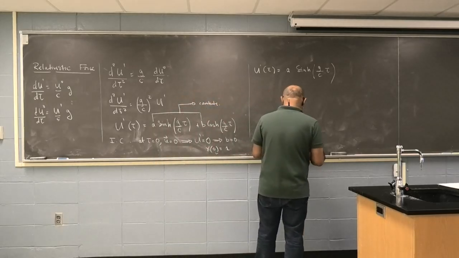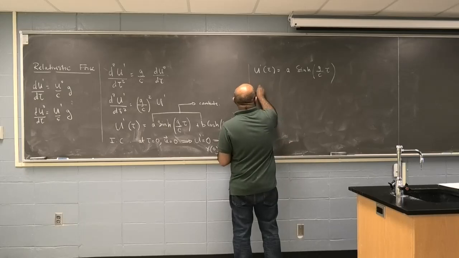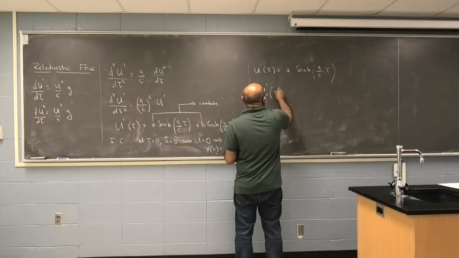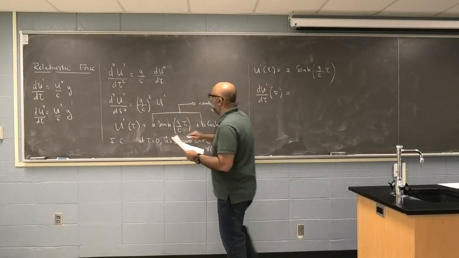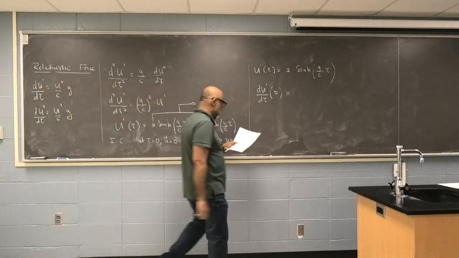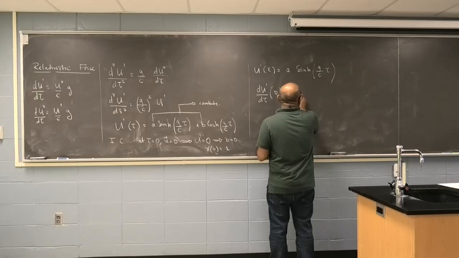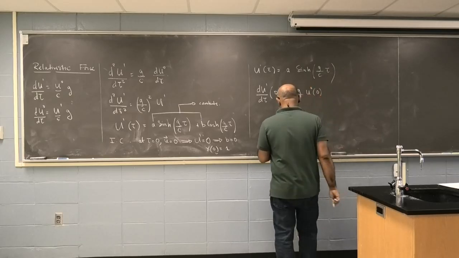Okay? So therefore, I can write, I need to know this condition: du1/dtau, evaluated at tau equals 0. Well, by this equation, it is g over c times u0 of 0.